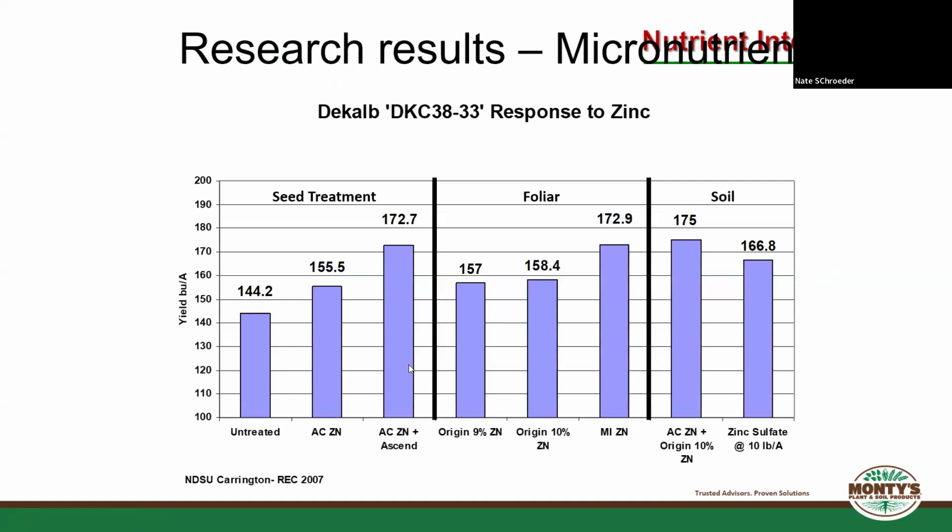Here again is a 2007 slide. The more zinc, regardless of the form that it was in, equaled more yield. Just another takeaway: available zinc to that plant throughout the growing season will make more yield. And those aren't small results. There are some 25 to 30 bushel responses on zinc.